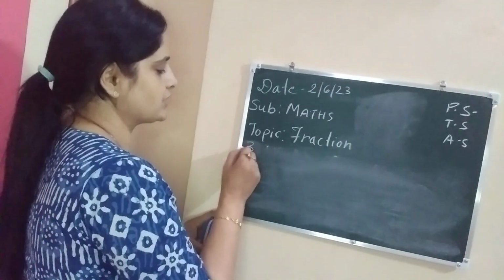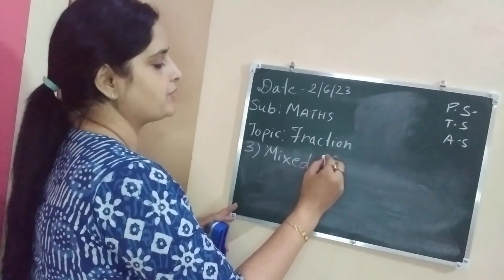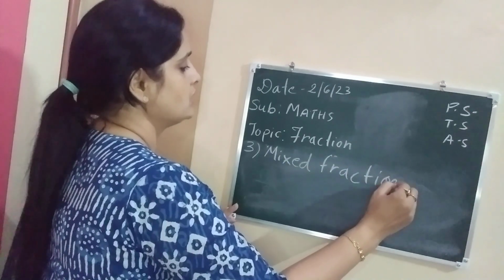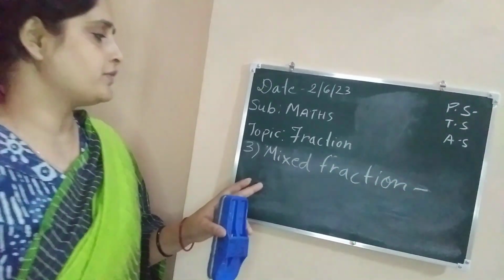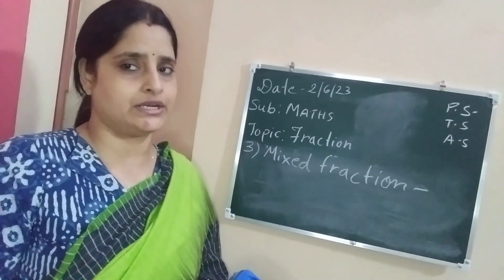Okay, now the third type of fraction is the mixed fraction. You know, my dear students, mixed fractions are those fractions which have a natural number as well as a fraction.